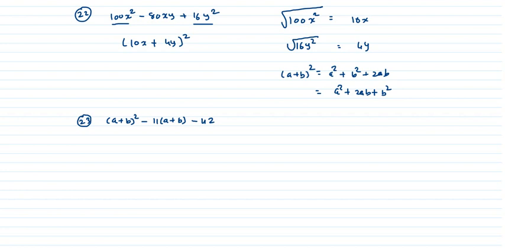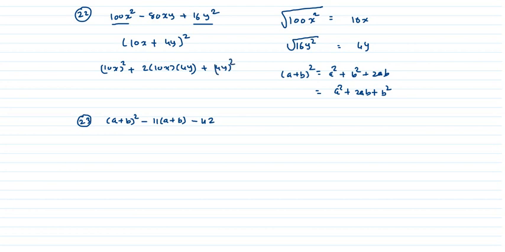So now if you see here, 10x plus 4y whole square, so that means a square, that means 10x whole square, plus 2ab, that means 2, a is your 10x, b is your 4y, plus b square, meaning 4y whole square.